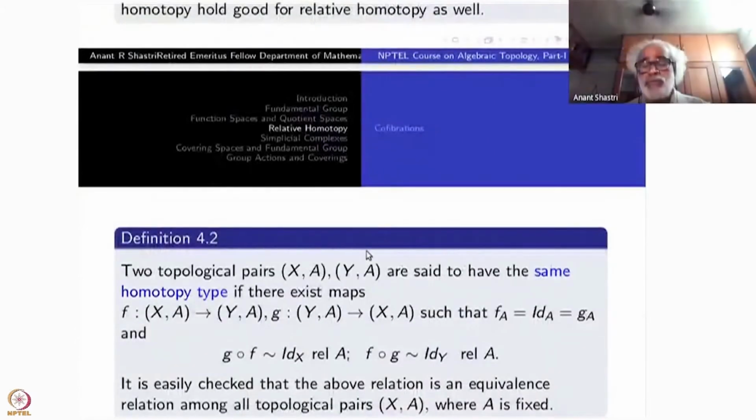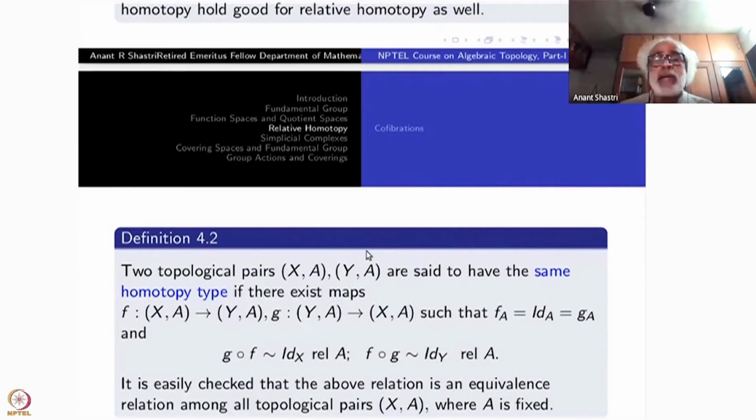Now, once you have defined homotopy between X and Y relative to some subspace, we can talk about homotopies of pairs.